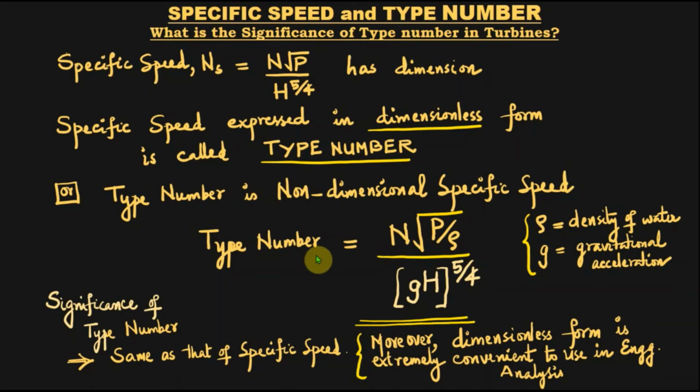So type number is equal to N root of P by rho divided by gH whole raised to 5 by 4.